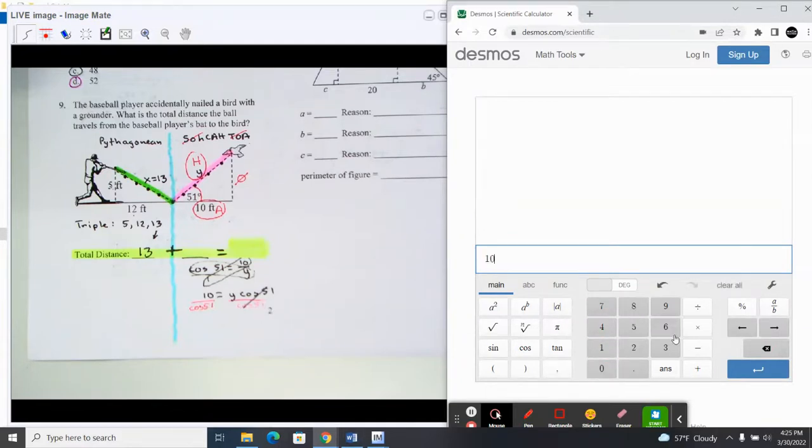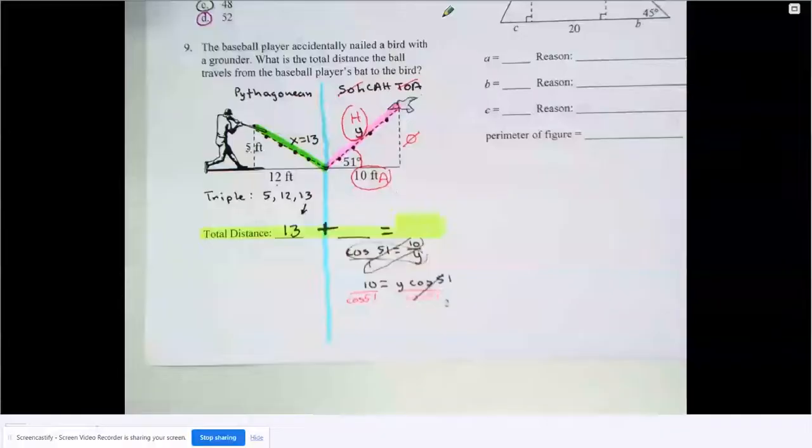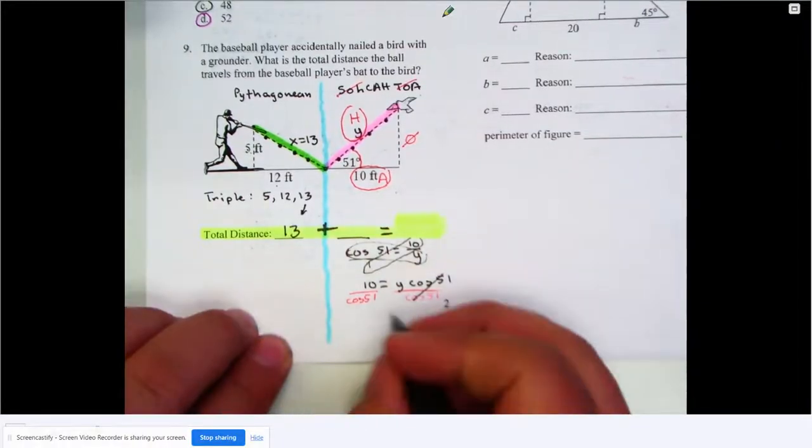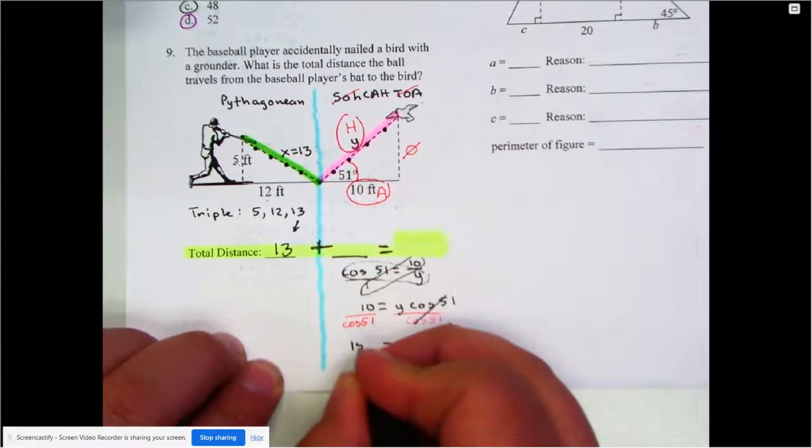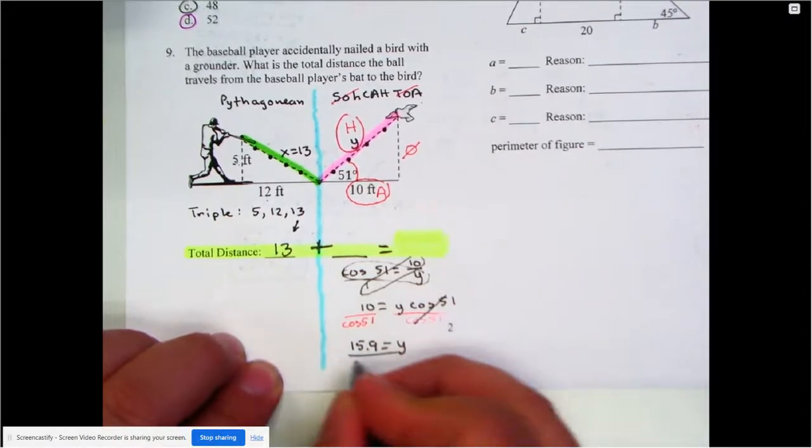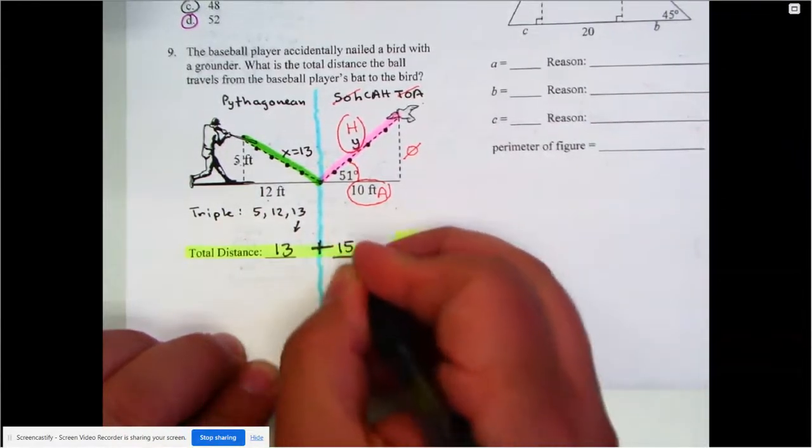So 10 divided by, and I don't need inverse, I just need regular cosine this time, 51. And here's my answer. Look at that, 15.8. It's going to round up to 15.9. So we're going to go with 15.9. And there it is. That's the number I'm going to put in here.